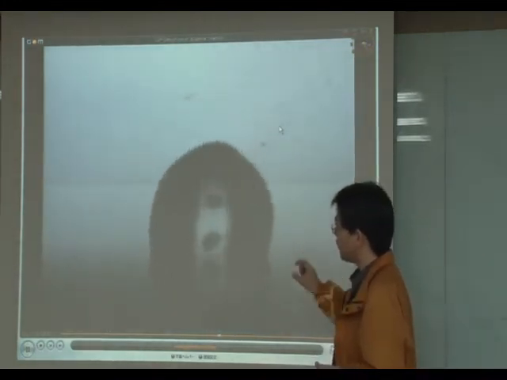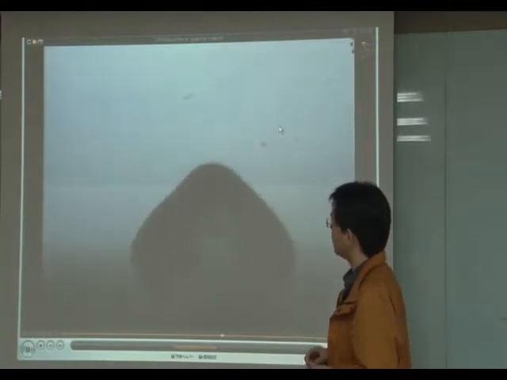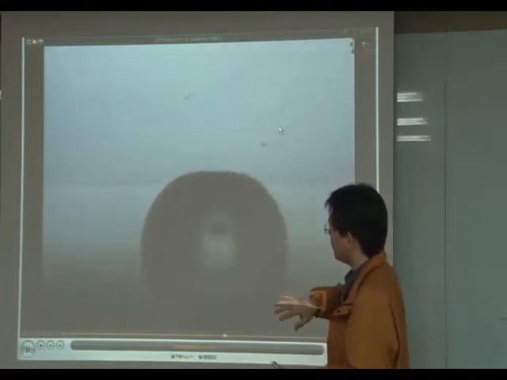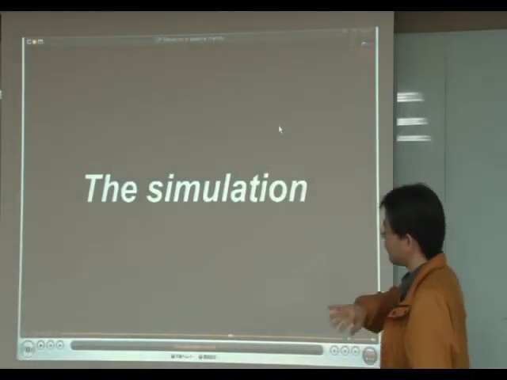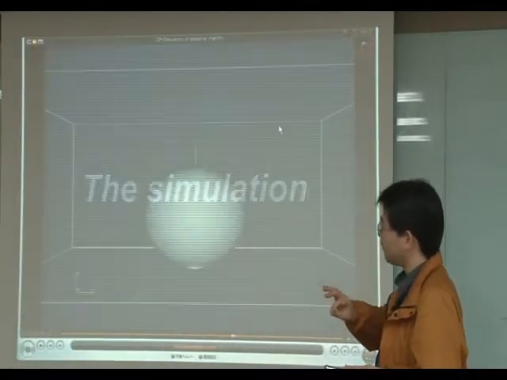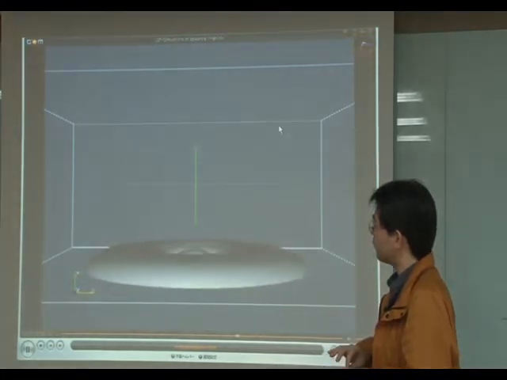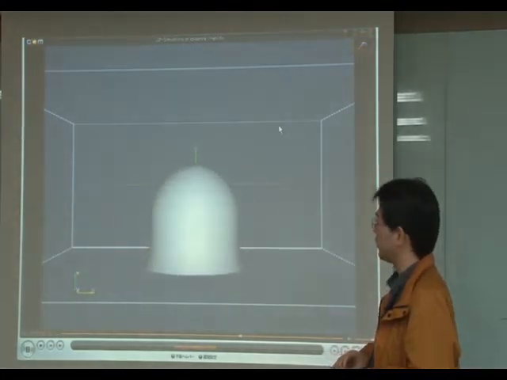This droplet is very small, so the shape is provided by the significant free surface tension in this case.